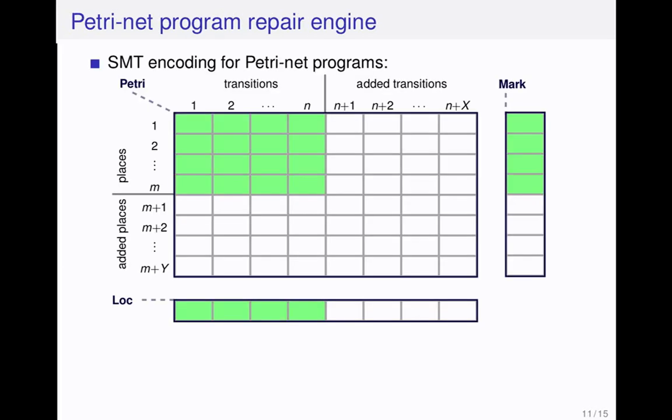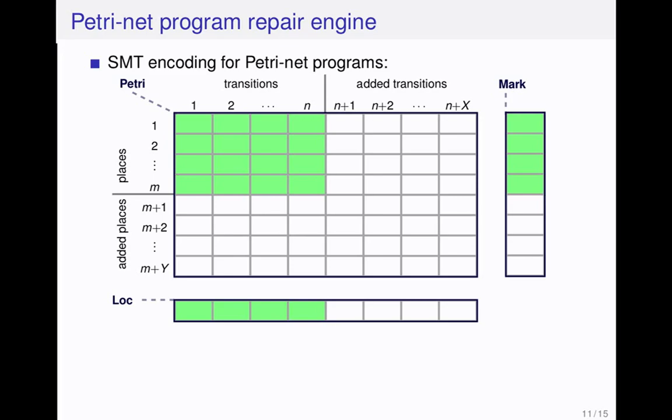Okay, so here are some details about how the synthesis part works. This happens in the Z3 SMT solver. We have these variables, Petri, mark, and location, that represent the current synthesized Petri net. The region highlighted in green is static, and that corresponds to the input Petri net.